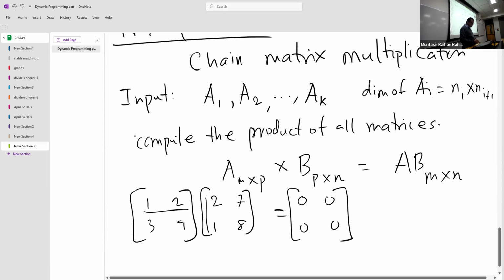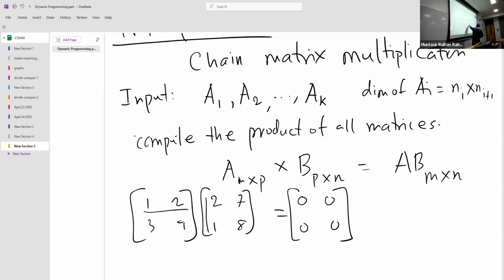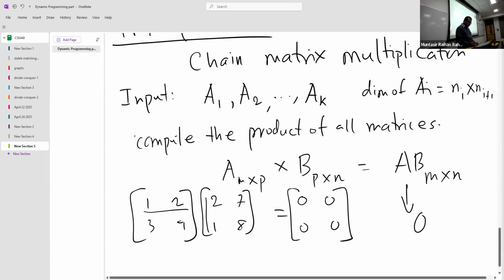So you have to do this for all possible combinations that you get in the final output, and for each one, the common index here, p, the vector dot product takes time p, but you have to do this vector dot product m by n times, right? So the complexity is m times p times n. So this computation is going to be order of m p n.